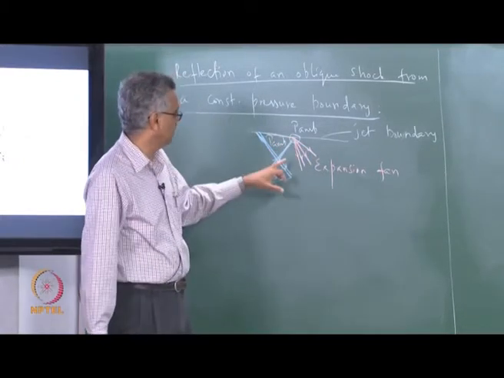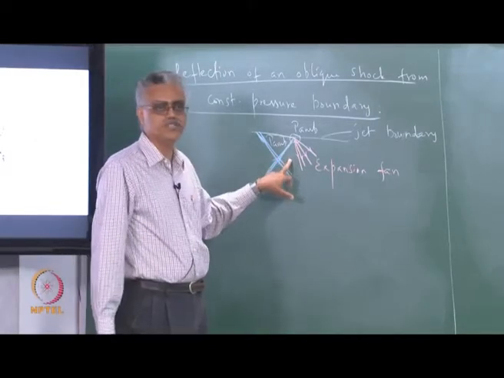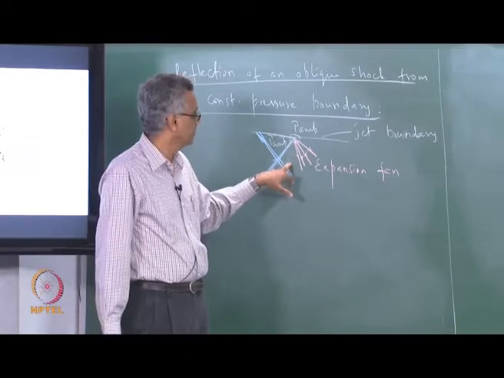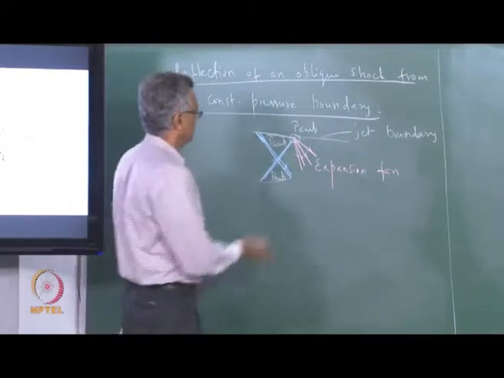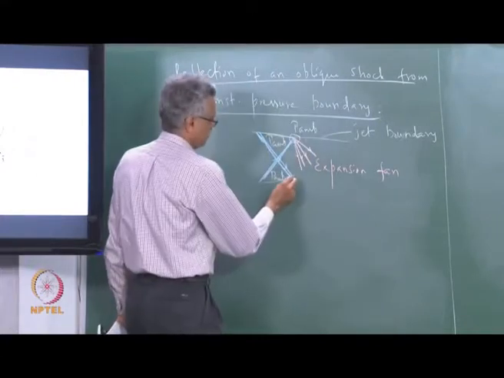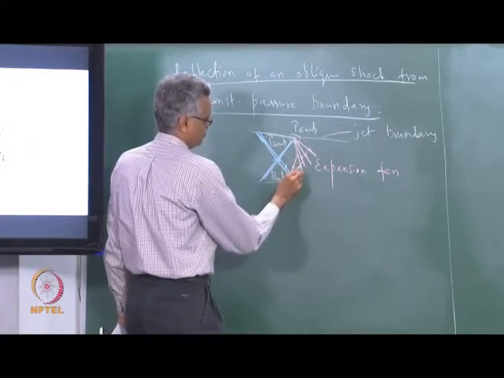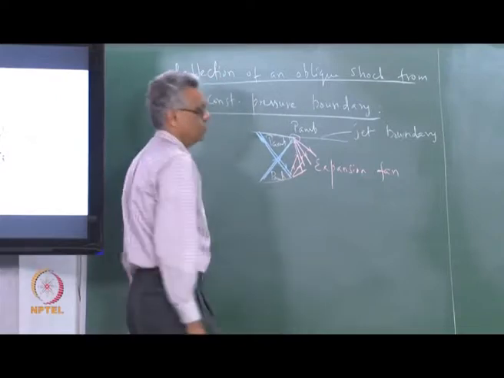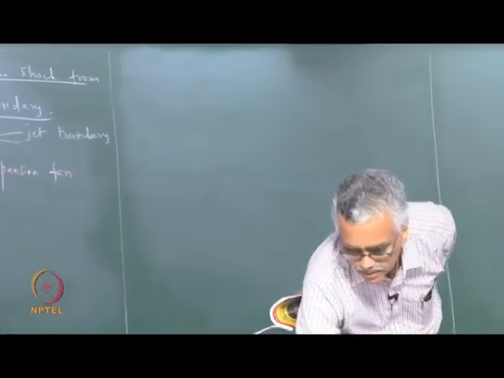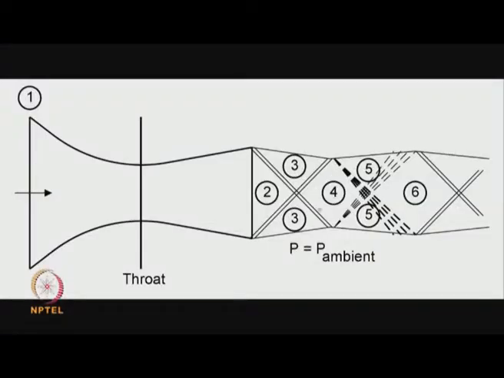Okay. So, what is going to happen to the pressure in this region? Pressure in this region is higher, correct? That is what we are looking at, and the pressure in this region will continue to be ambient, because we are going to have a set of expansion fans coming from here also. Right. This is what is shown in this figure. You can see that the oblique shock impinges at this point, and there is a generation of an expansion fan from that point which goes down like this.